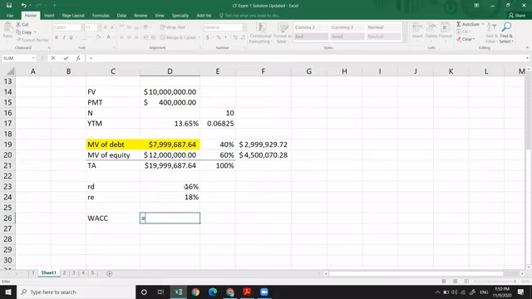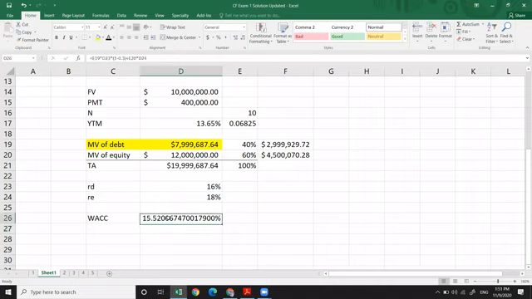I prefer to use it directly in the formula. So we have the proportion, which is 40% times this times 1 minus the tax rate of 30%, plus the proportion times the cost of equity. So it's 15.52% weighted average cost of capital.